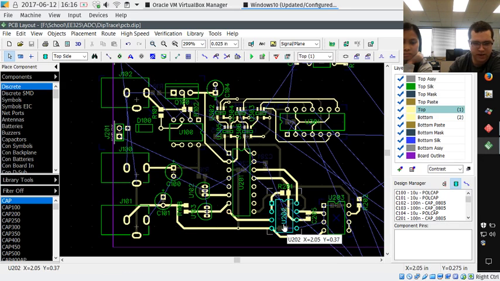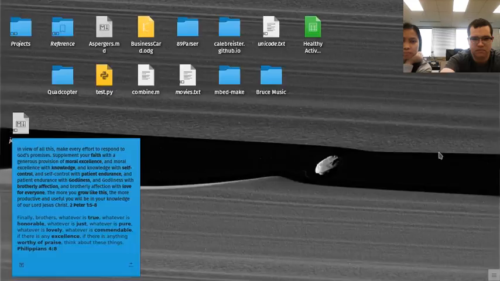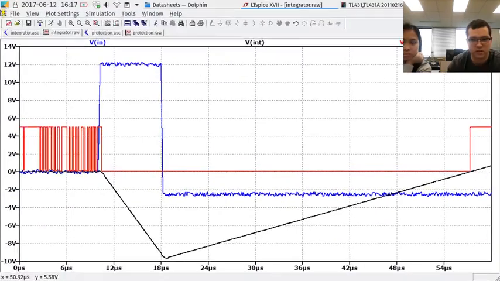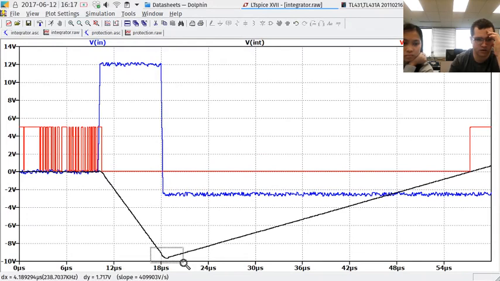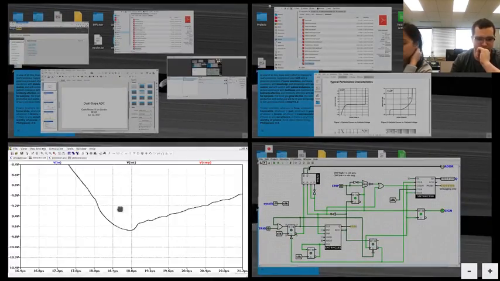If we had used a slower precision op-amp, that would have been a problem, because the curve from that integrator simulation, this curve right down here, would have been much larger. So we chose a fairly fast op-amp that compromises speed for a little bit of precision.